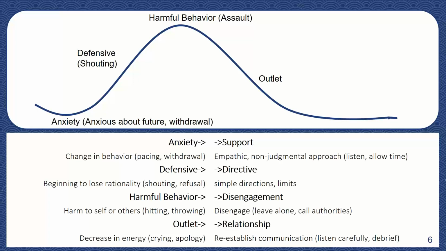If they escalate above the defensive stage to the harmful behaviors, that's when they tend to be a harm to themselves or others. They're hitting, throwing things, a risk to themselves or others, contemplating suicide or explaining the plan that they have.